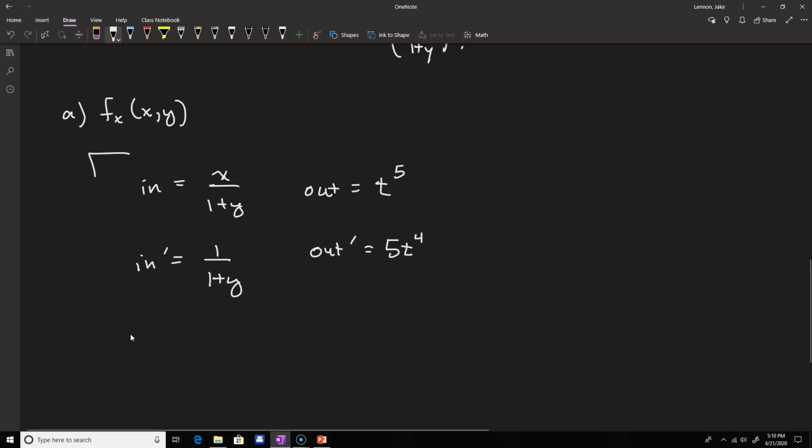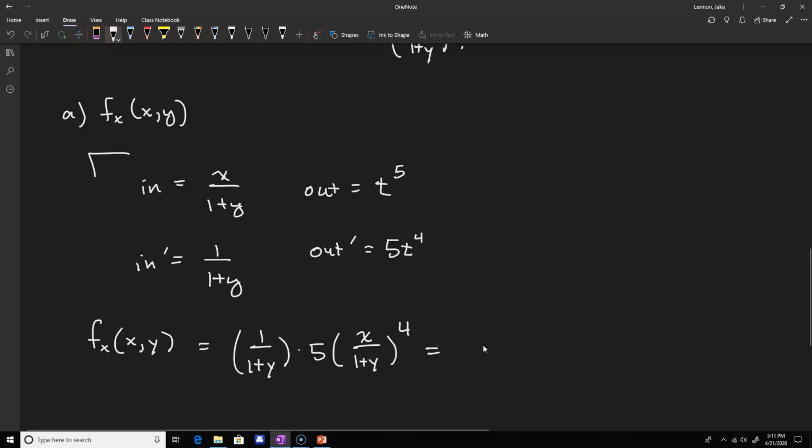All right, so how do we do the chain rule? Well, basically, we multiply the inside prime by the outside prime, and then replace any occurrence of t with the original inside function. So this partial derivative with respect to x is going to be 1 over 1 plus y times 5, and then replace t by that inside, x over 1 plus y in parentheses, raised to the 4th power.